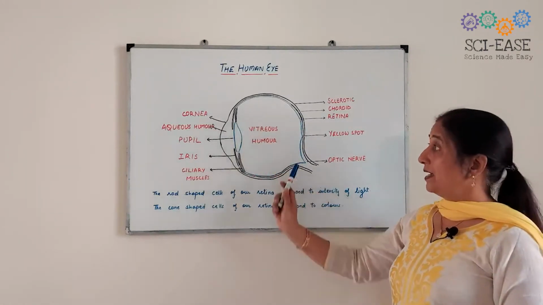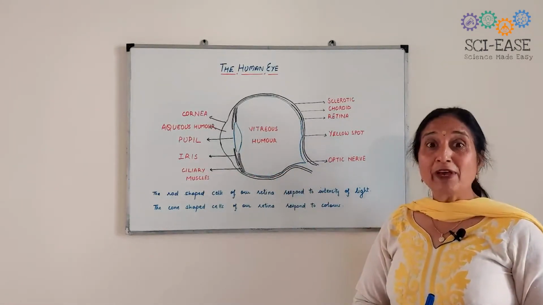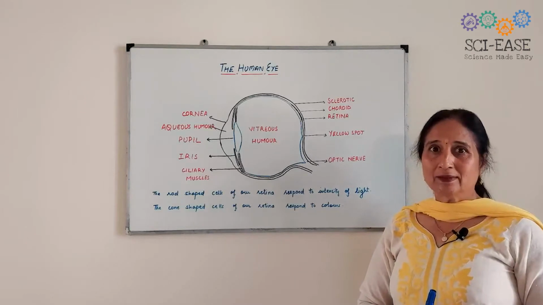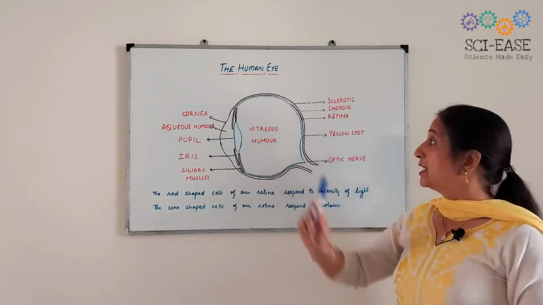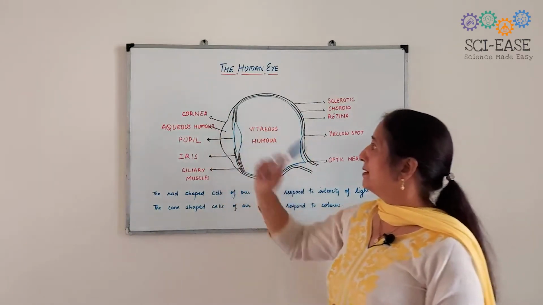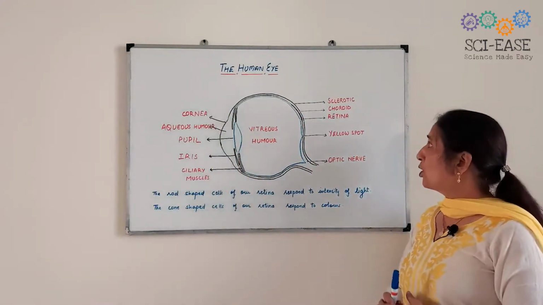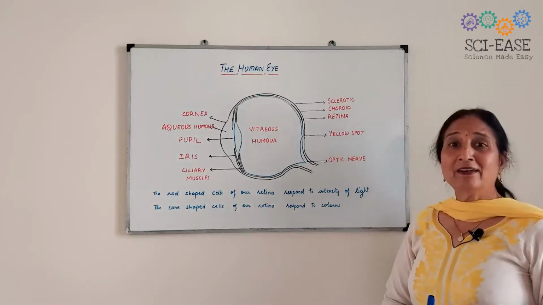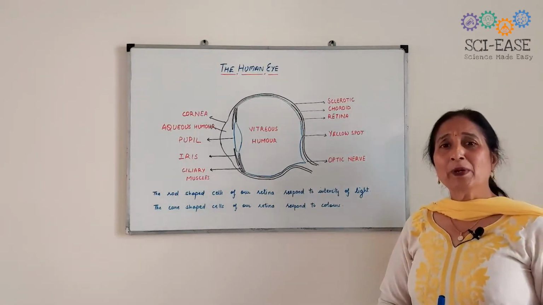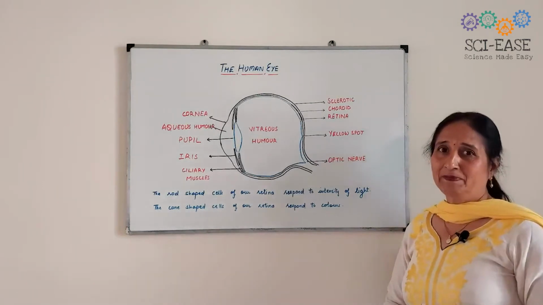This human eye, as you know, is a very important sense organ that is made up of different parts like sclerotic, choroid, retina, cornea, iris, pupil, and so on.